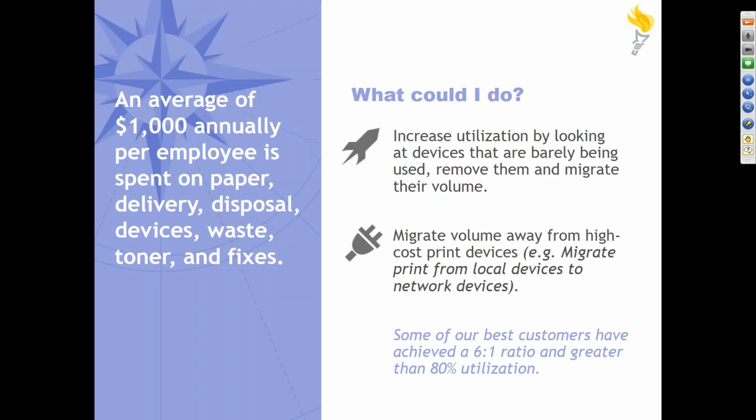So utilization is essentially a measure of a printer's use against what it's capable of. And so in Beacon, we have a formula that we've created for measuring utilization, with 100% representing that point at which a device is being used efficiently. This is different than a lot of other types of products, where they'll say it's 12 or 15%, but we've changed that to be 100% to be easier to digest.